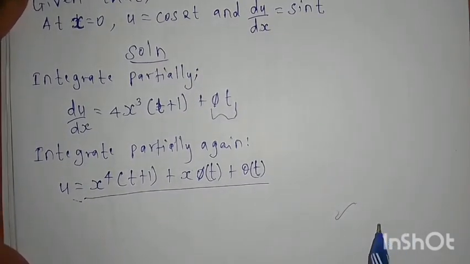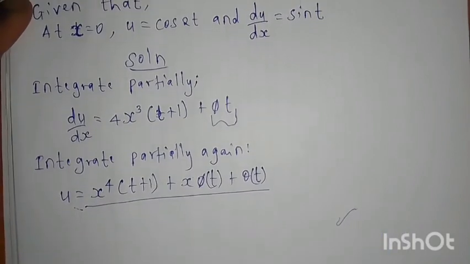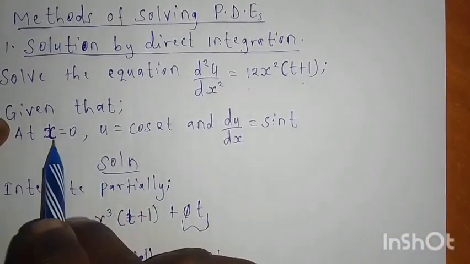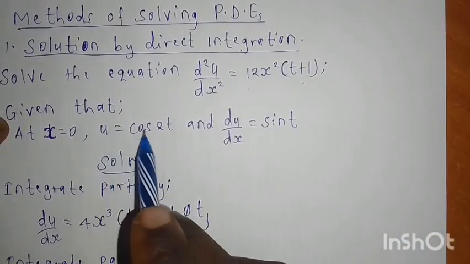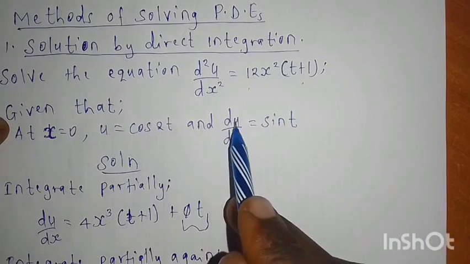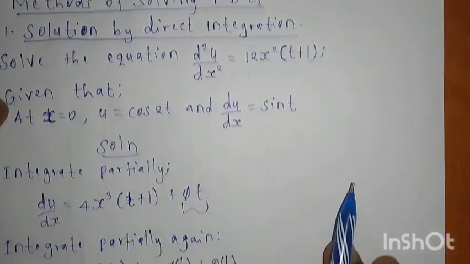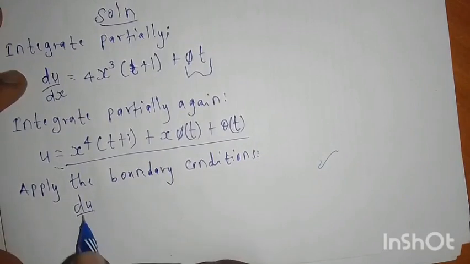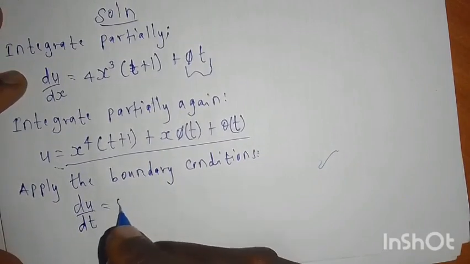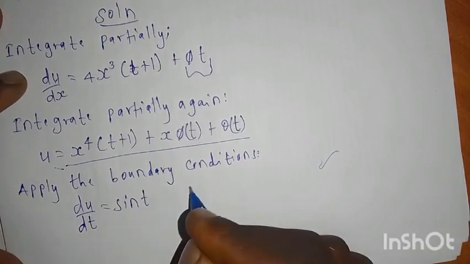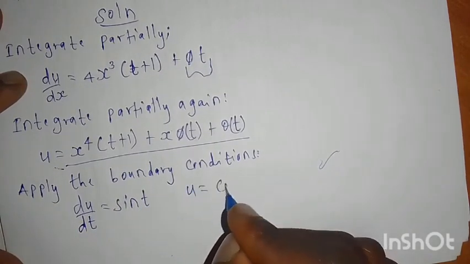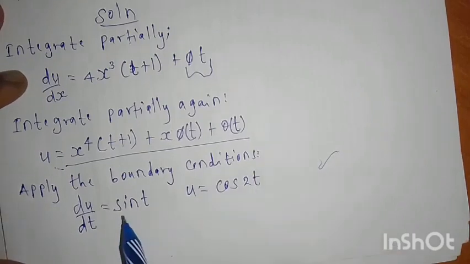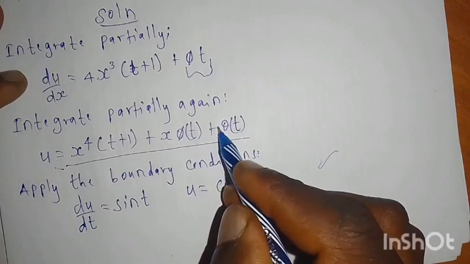At this point, we apply the boundary conditions. Our boundary conditions were that at x equals 0, u equals cos 2t, and du over dx equals sin t. Therefore, you see du and u. So we want to see what these equations represent here.